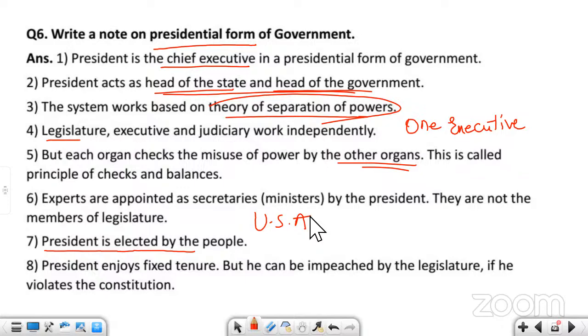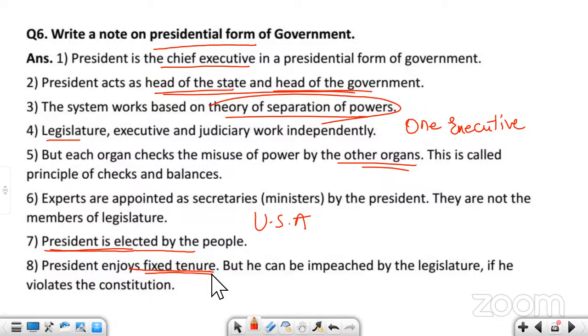But in the presidential form of government, the president is elected by the people and the president enjoys a fixed tenure. The president has a fixed term of office. Tenure means term of office.